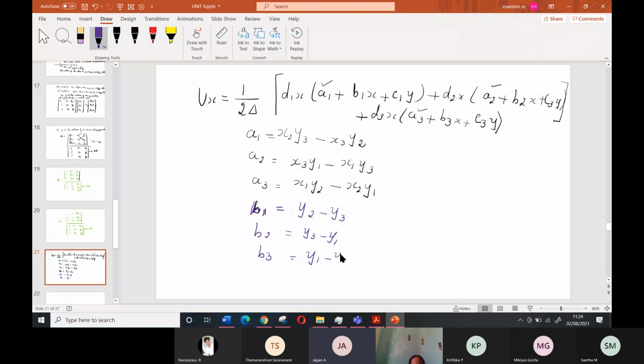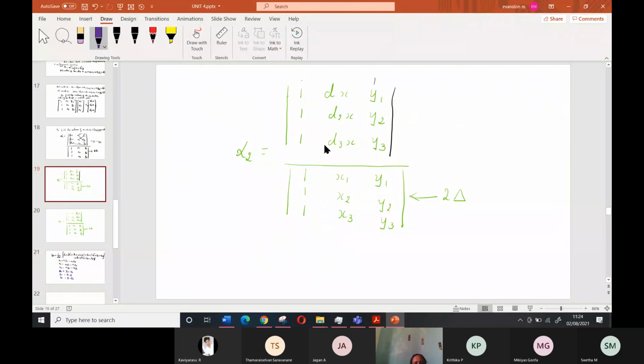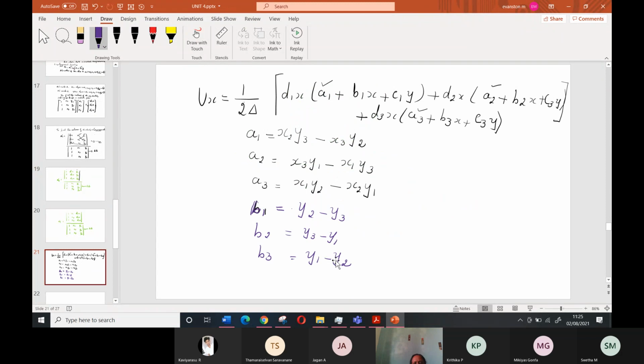y2 minus y1, ma'am. How? Let me check it. Did you plus minus? So y2 minus y1. What did I write here? Yes, y2 minus y1.